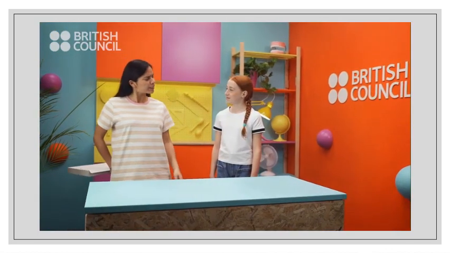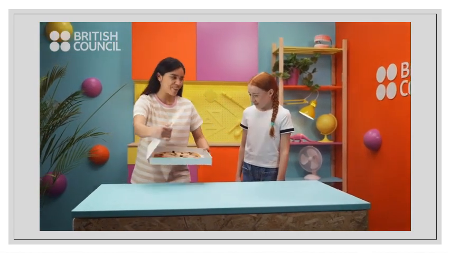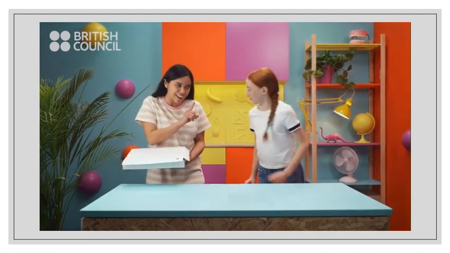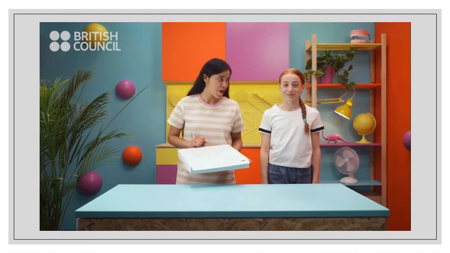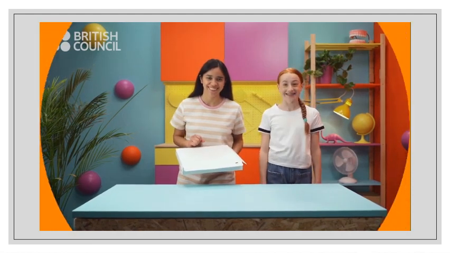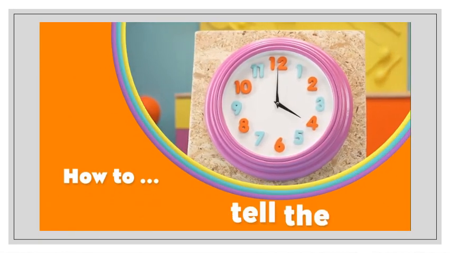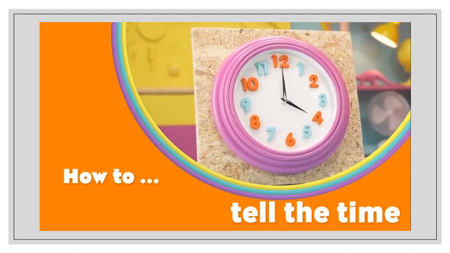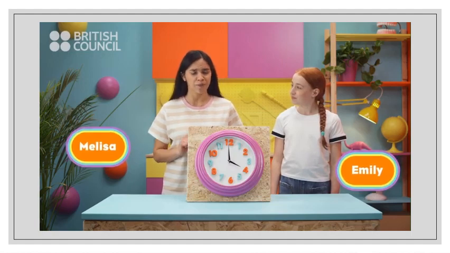Emily, do you know what time it is? No. What time is it? It's pizza time. Yum. Hey, wait. Today we're going to learn how to tell the time with the pizza. Oh, okay. Okay, before we start, we have to know a couple of things.